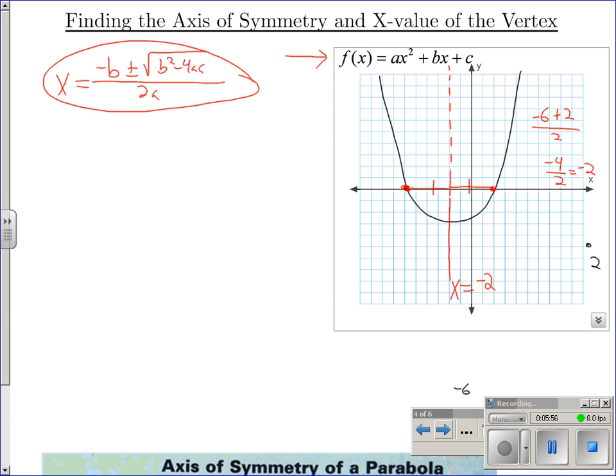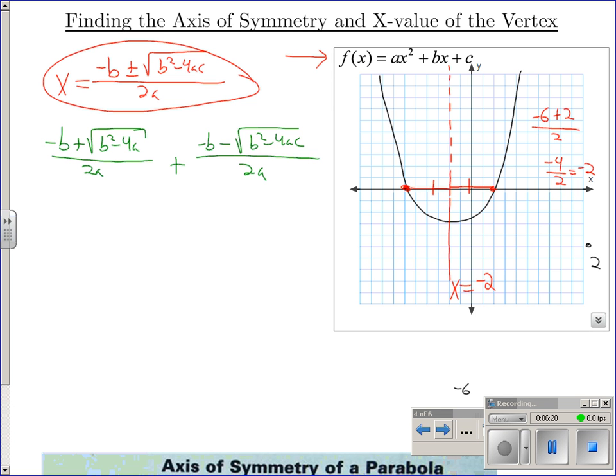So if we get the average of those, negative b plus square root b squared minus 4ac over 2a, and we add that to the other zero, negative b minus square root b squared minus 4ac all over 2a.